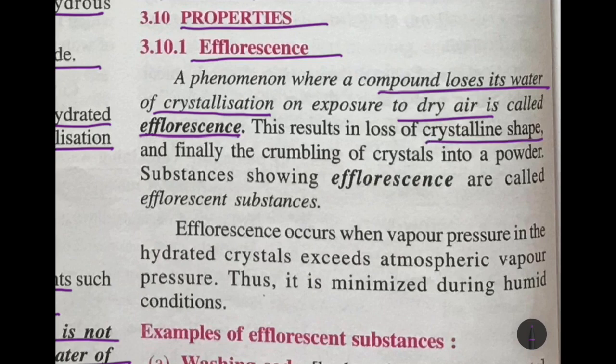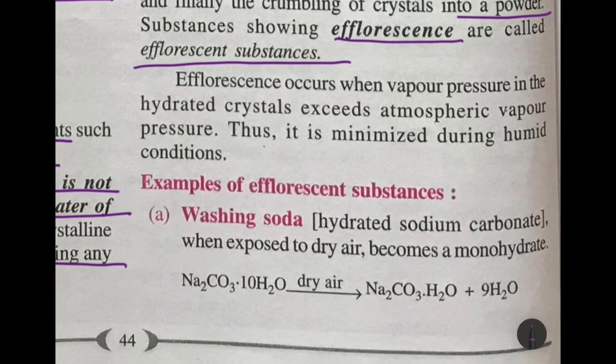It loses its crystalline shape and it crumbles into a fine powder. Substances showing efflorescence are known as efflorescent substances. Now, when does efflorescence take place? When the vapor pressure of the hydrated crystal is more than the atmospheric vapor pressure.